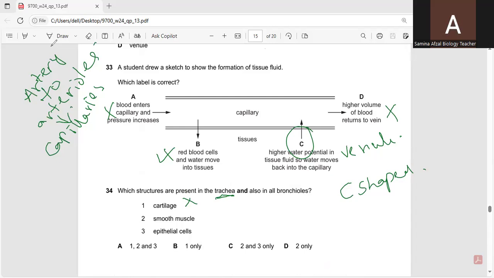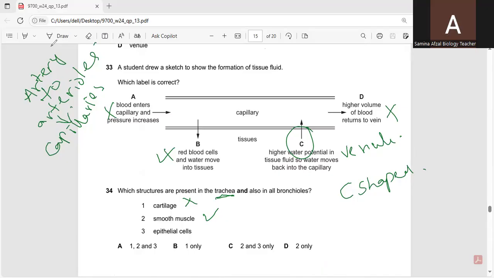So smooth muscles are there in the trachea, and bronchioles also have a significant amount of smooth muscles in their walls. So smooth muscles allow for the regulation of airflow into the alveoli by constricting or dilating the bronchioles. So smooth muscles are present in both trachea and bronchioles, and the third type are the epithelial cells.